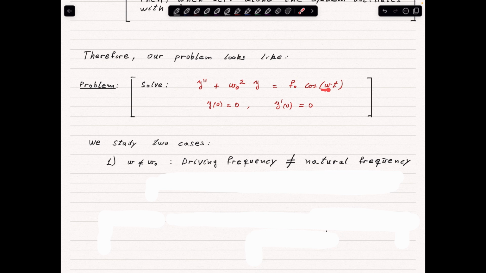When the driving frequency is close to the natural frequency, but different, we are going to have a phenomenon that we call beats, which we will describe later on.